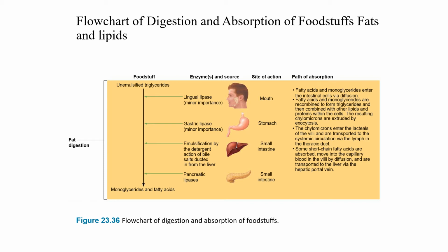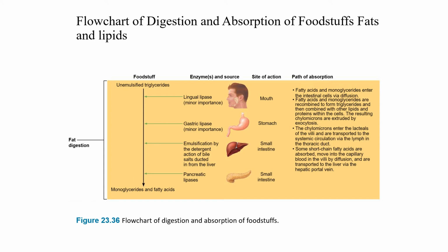When you look at this chart, look at the fat digestion. So it goes from triglycerides, fats, into monoglycerides and fatty acids. So what are the monomers of the triglycerides, of the fats? The monomers are monoglyceride and fatty acids. There is a lingual lipase.